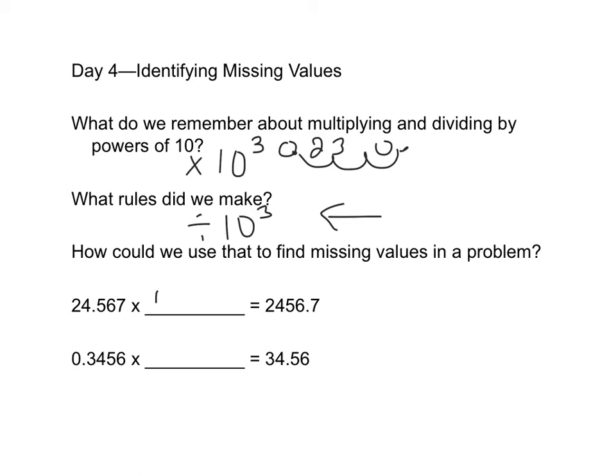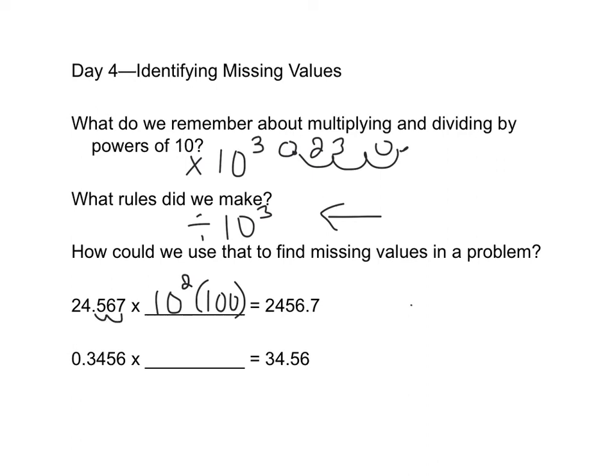So we're multiplying by a power of 10, and then it can be as simple as counting our number of decimal places. So we know it needs to end up between the 6 and the 7. So if I count over and move over 2 spots, it becomes 10 to the second, or it's the same as multiplying by 100. Why don't you pause the video and try this next one on your own.